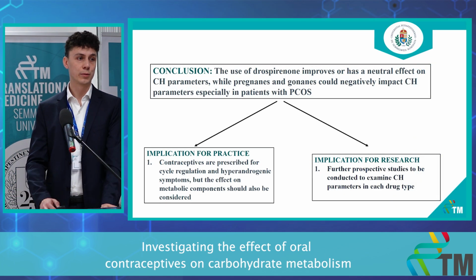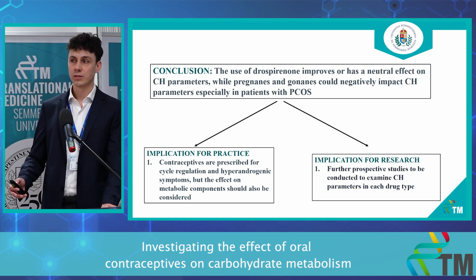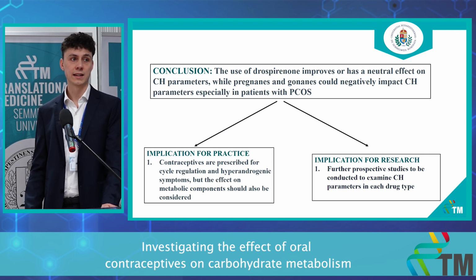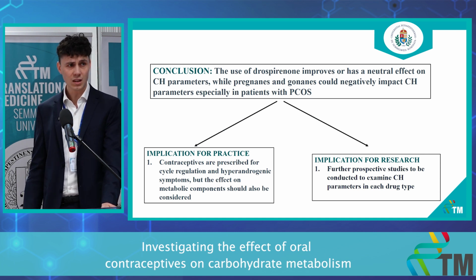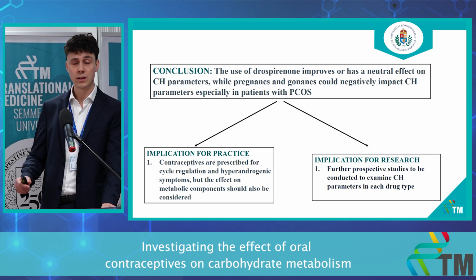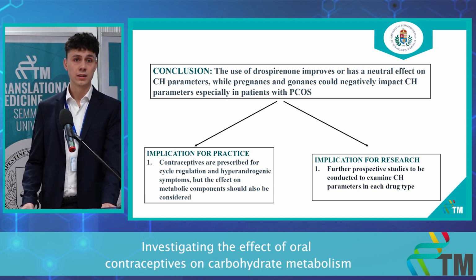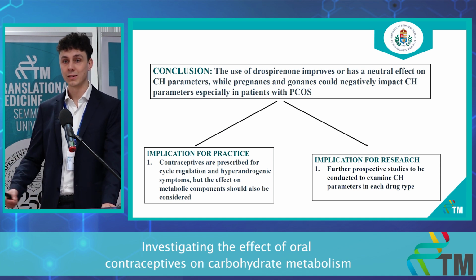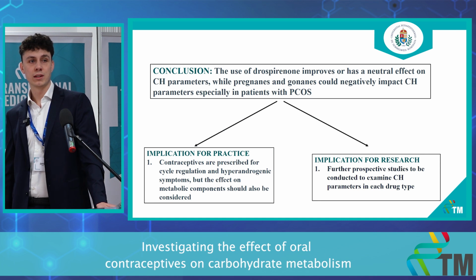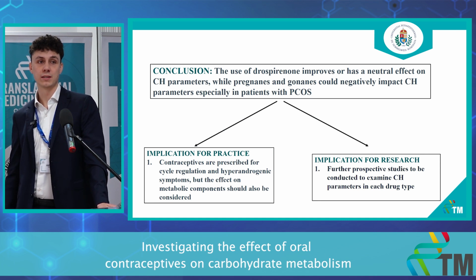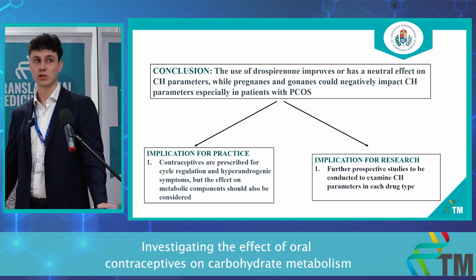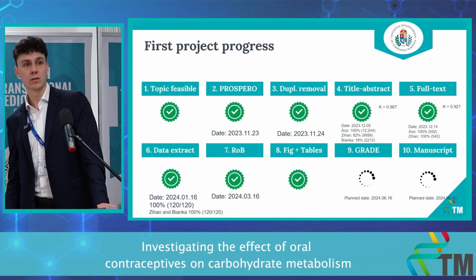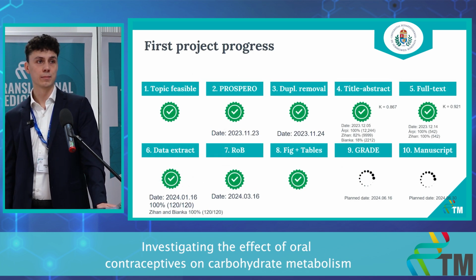Our implication for practice would be that contraceptives are usually prescribed for cycle regulation and hyperandrogenic symptoms, but the effect on metabolic components should also be considered when prescribing these drugs. Our implication for research would be further prospective studies to be conducted to examine carbohydrate parameters in each different drug type. So we are at the phase of writing the manuscript.